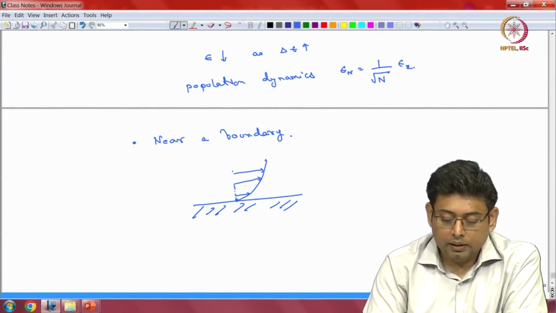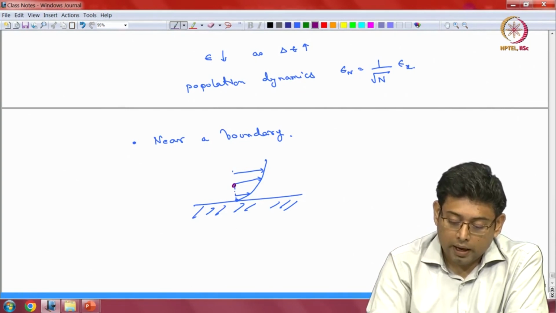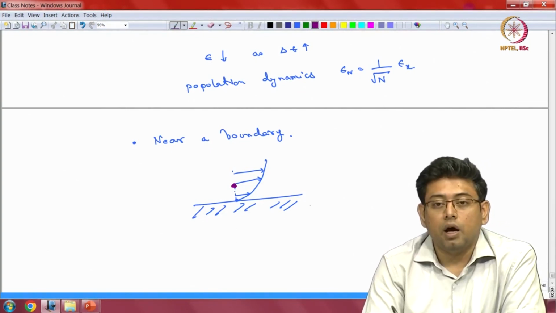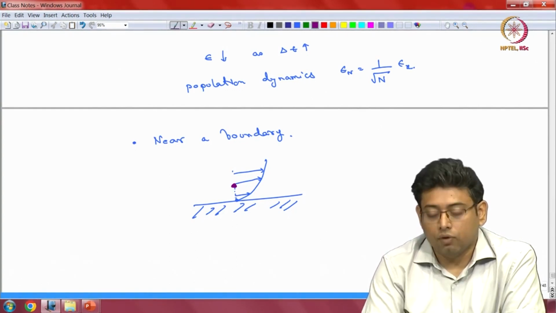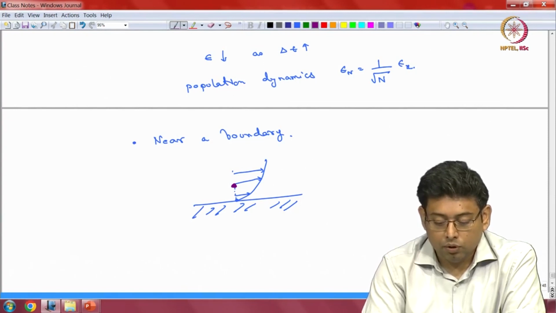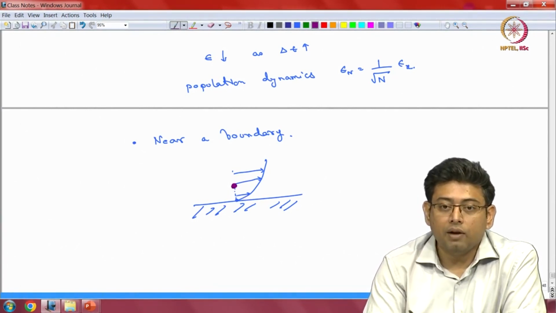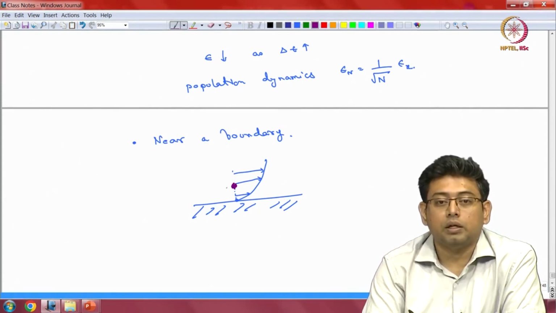Under this condition, a particle near a wall can experience certain specific attractive forces, for example if the wall is charged and the particle is charged, you can have short range attractive forces. But the particle here also experiences a very strong gradient of the fluid flow, and you can have a lift force created because the flow field at the top of this particle and the bottom of this particle are very different.